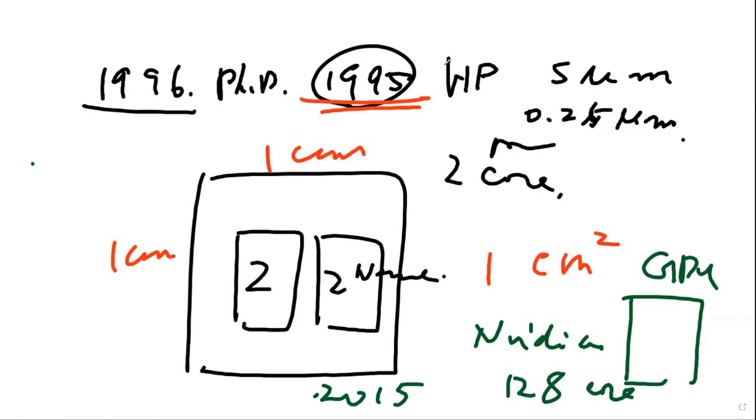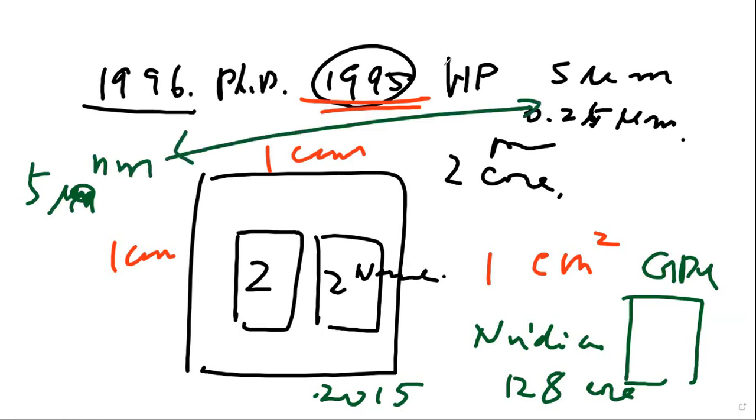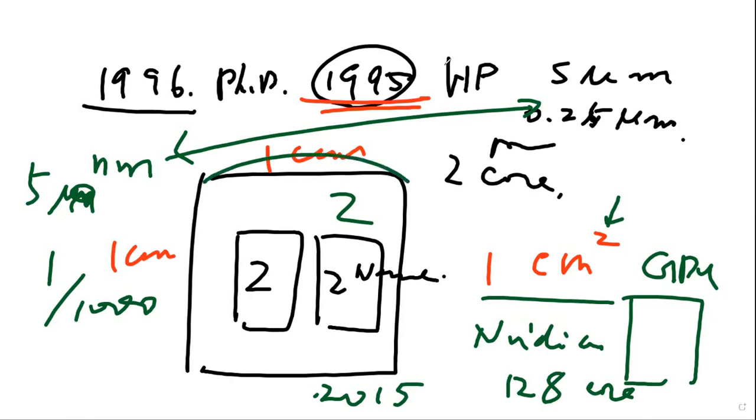The technology right now is 5 nanometer, which is about 1,000 times smaller. Originally, in 1 by 1, you could put 2 neurons. Now it's 1,000 times more in one dimension, so about 2,000 times more in dimension. In theory, with the same area that we used then, you can now put 2 million neurons in there.